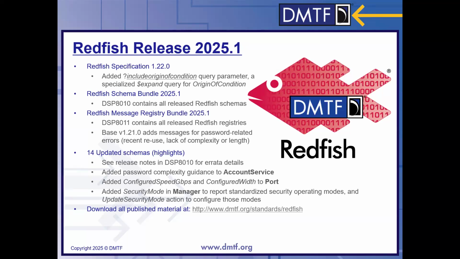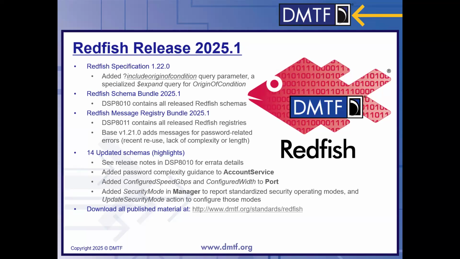The other part of this release activity includes the message registry bundle, again, version 2025.1, and there were some messages added regarding password-related errors, and we will talk a little bit about that because of the schema additions. And all of the DMTF defined message registries are contained in the DSP 8011 bundle that can be also downloaded. We'll have links to that at the end.